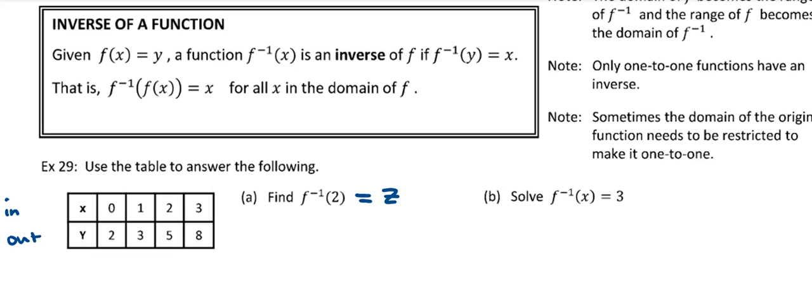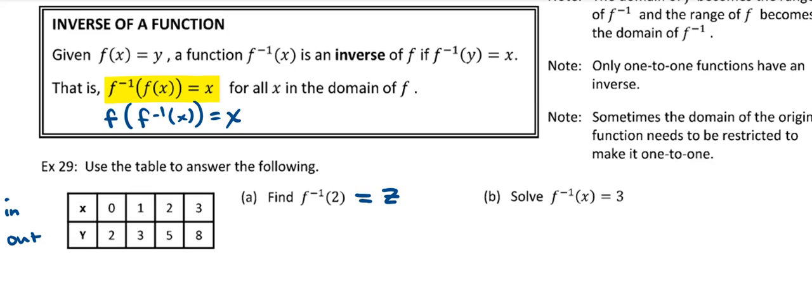What I want to note for you is how to rewrite an inverse so that you get rid of the inverse notation. We use the idea that whenever you compose an inverse with its function, you get back the argument. Similarly, the other way around, the function composed with its inverse is also equal to x.